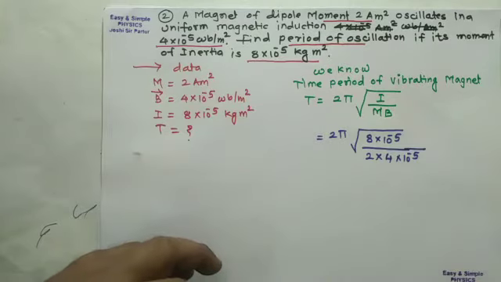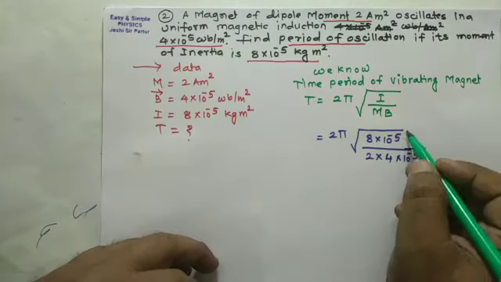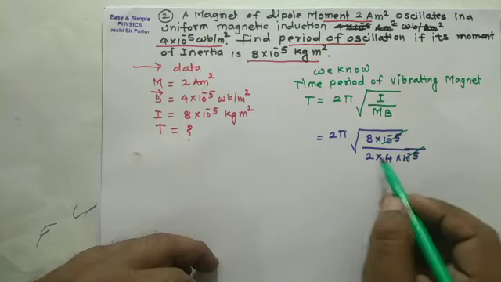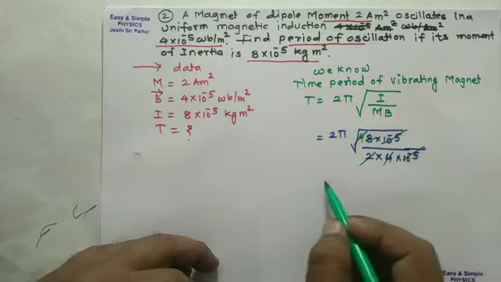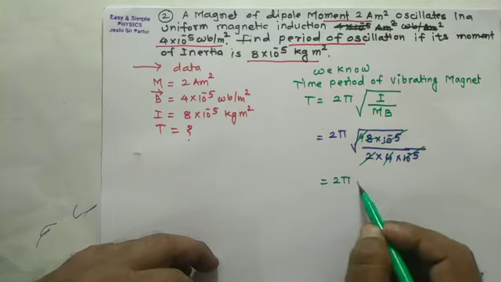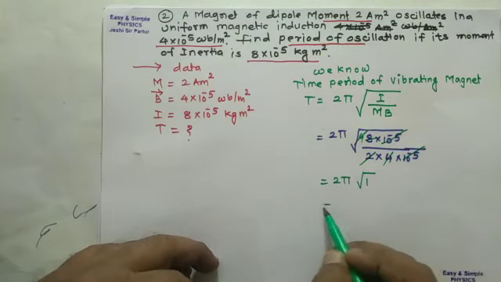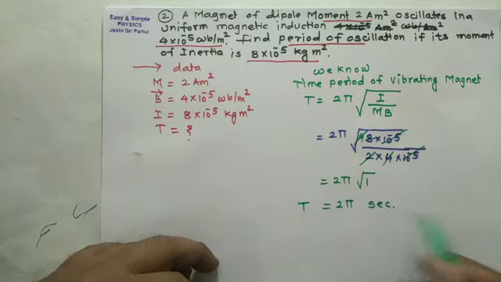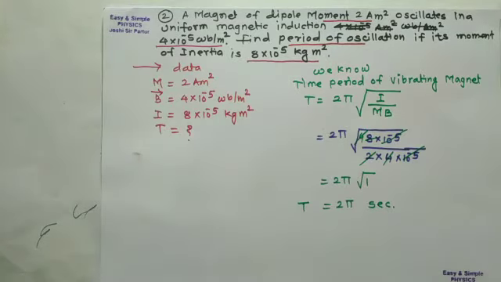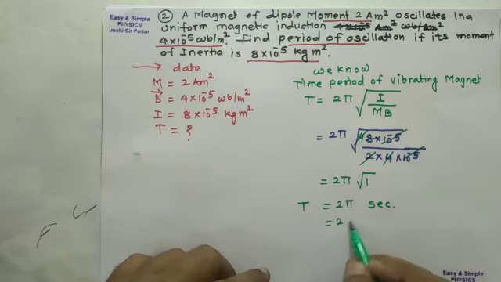So here 10 to the power minus 5 gets cancelled. 2 for the 8, 4 for the cancel. So 2 pi square root of 1. The answer will be 2 pi second. But if we put the value of pi, it will be 2 into 3.142.